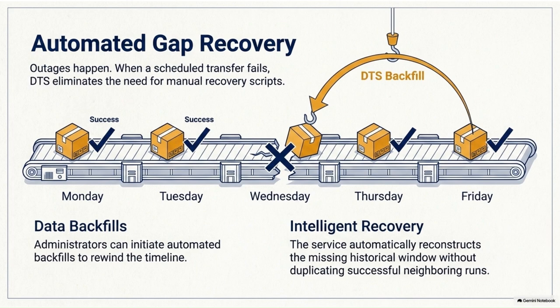Your conveyor belt needs a recovery. After that you have to do a backfill. You want the data package which did not arrive on Wednesday. So you can initiate an automated backfill to rewind the timeline. This is one of the features of Data Transfer Service. Amazing service. Try to use it.